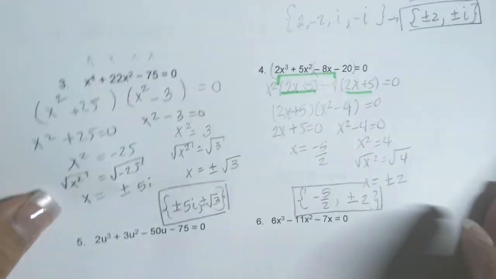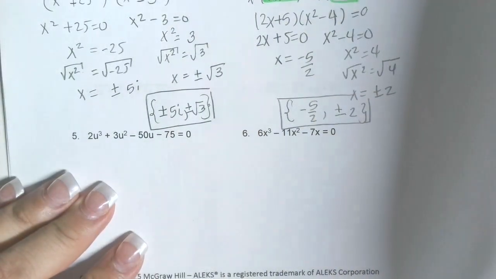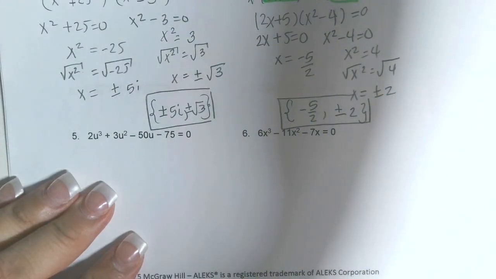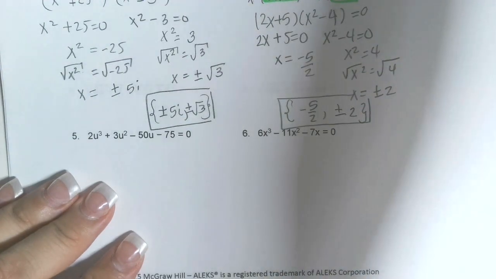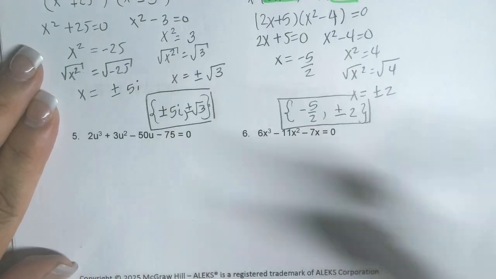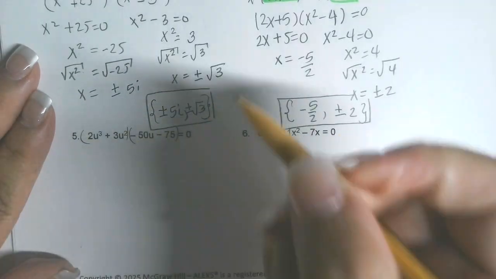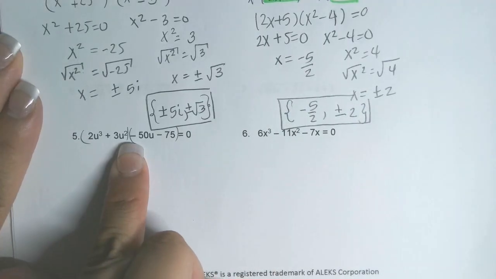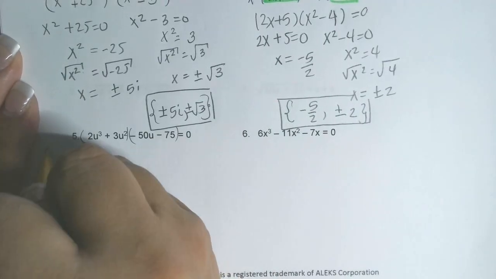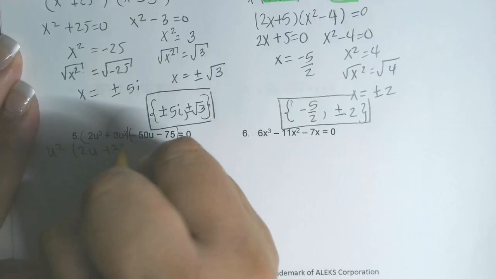And then number 5, I think we have time for number 5. Number 5 is going to go like this. This is another 4 terms, so this is going to be factored by grouping. In the first group, I'm taking out the u squared, and I'm left with 2u plus 3.